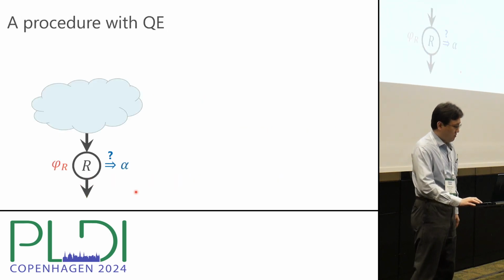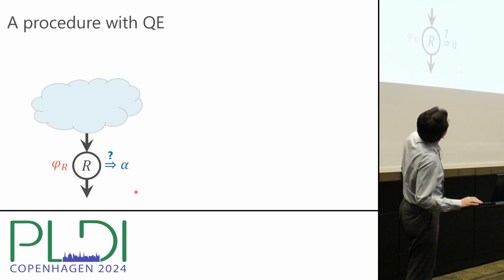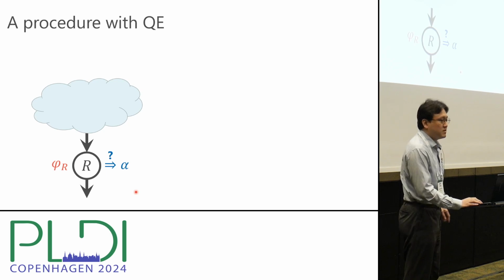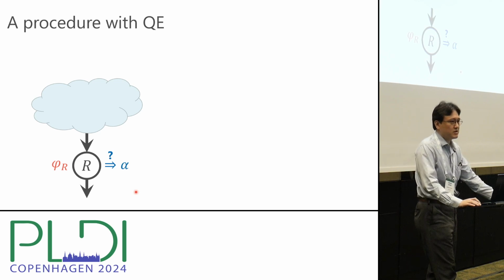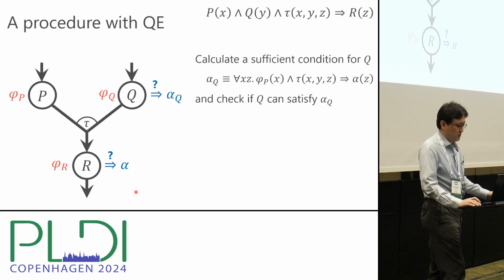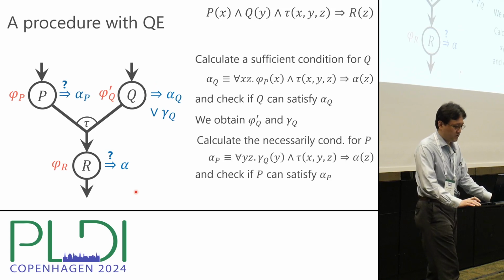Okay, so I planned to explain the basic procedure using quantifier elimination, but unfortunately I do not have enough time to explain the details of the procedure. So please see the paper if you are interested.